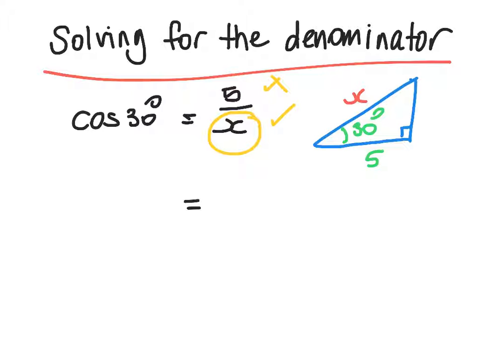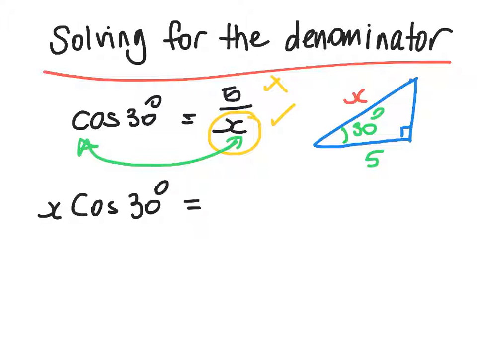So what we need to do is try and move this over to this side in order to solve. So this is what it'll look like. x times cos 30 degrees equals 5.